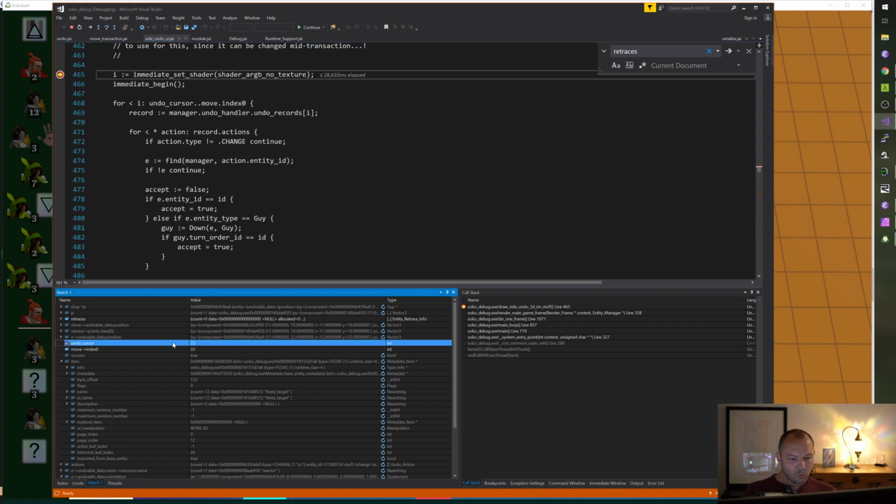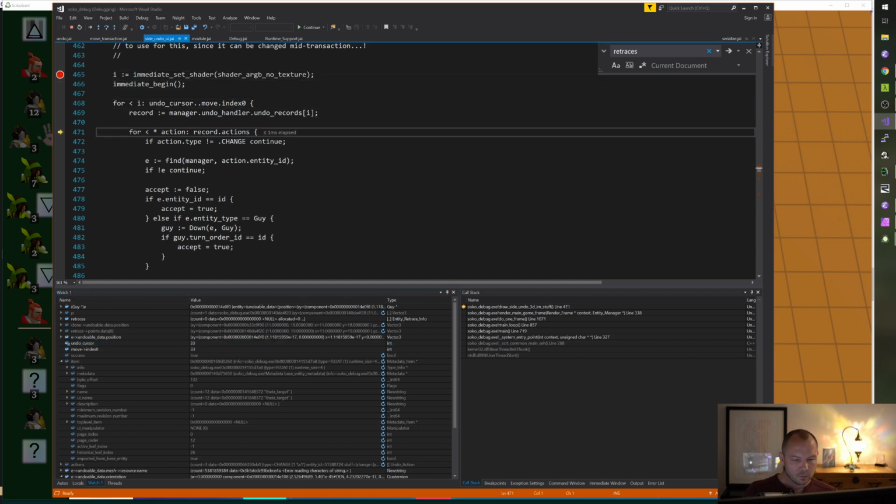Undo cursor 33. Record actions should have 3 in it.